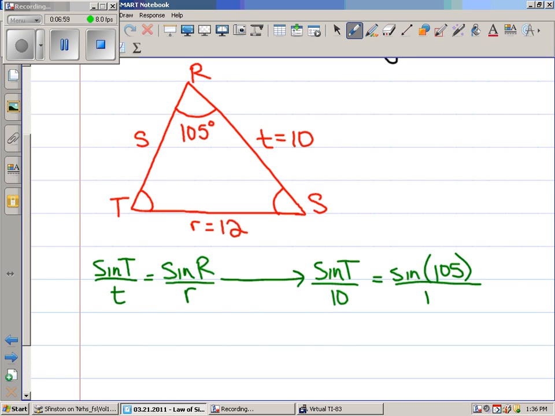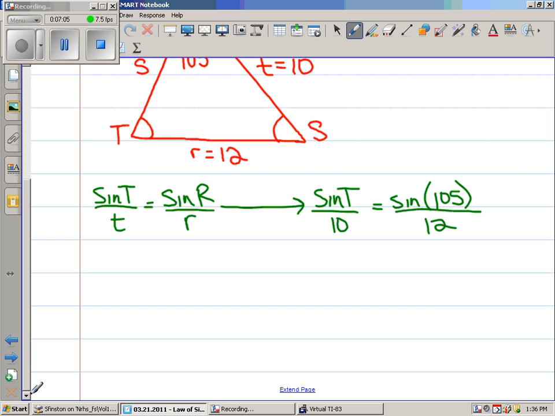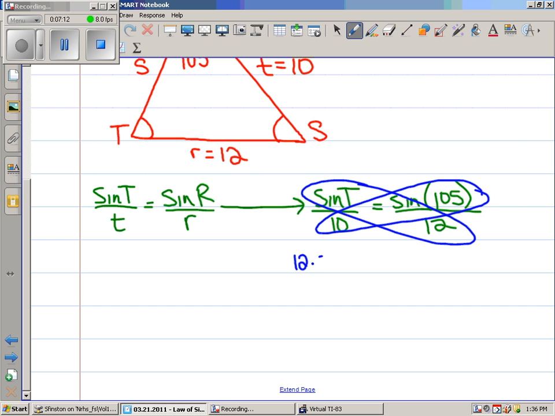Angle R was 105, and the side opposite R was worth 12. Same thing as before, cross multiplying. You get 12 times the sine of T equals 10 times the sine of 105.